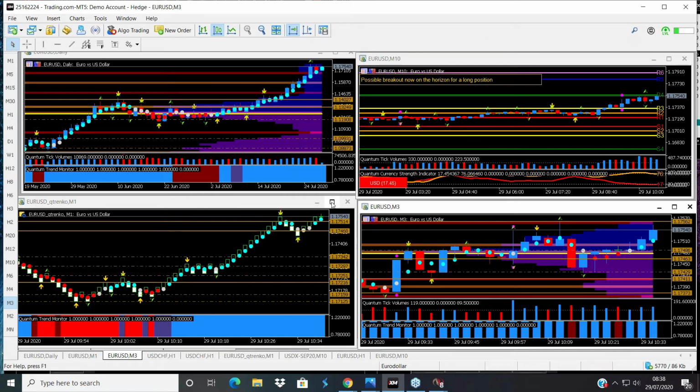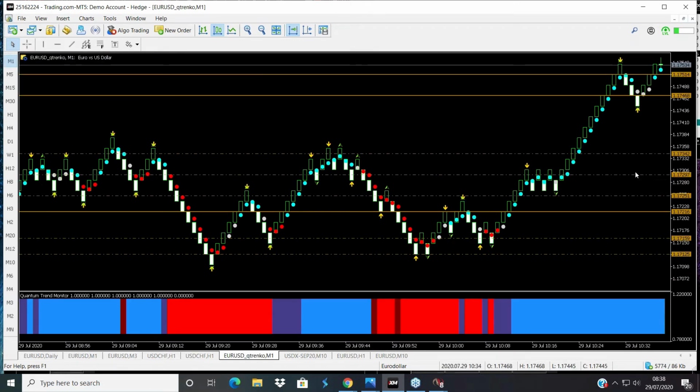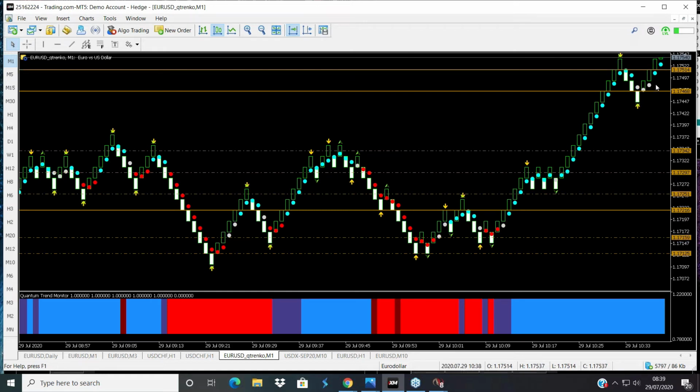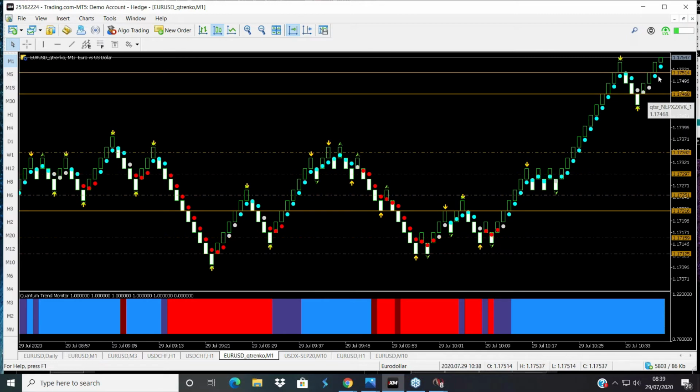But the really cool thing about the Renko indicator is we've had this pullback, quite a dramatic one, we've had volatility in there, we've had a correction, but still the indicator is saying no. If you want to hold on, if the decision is yours, at the moment it's holding, and it looks like it's possibly going to carry on higher.